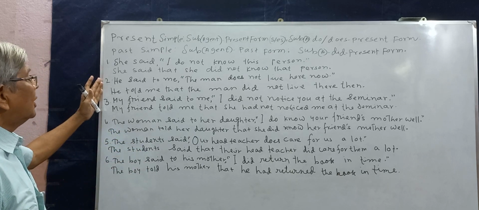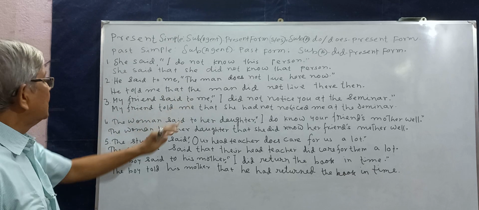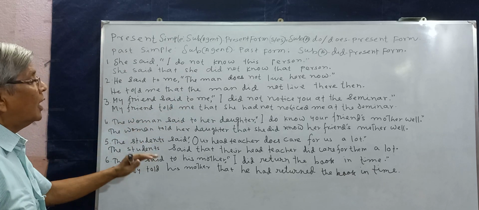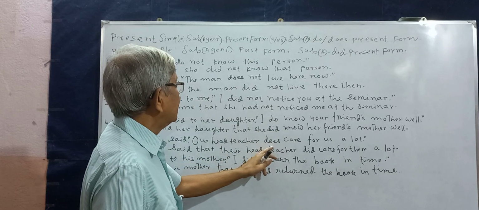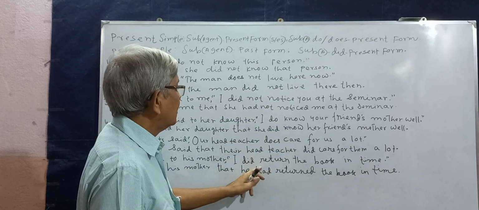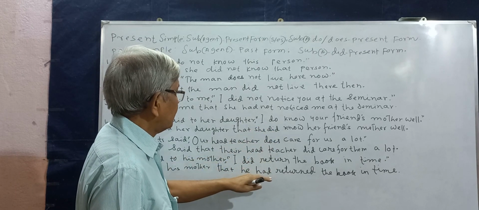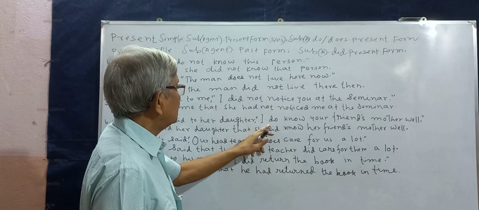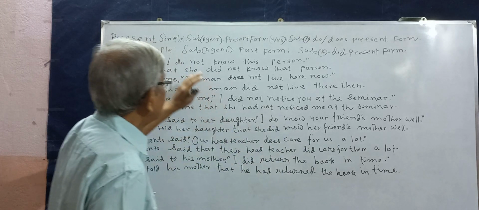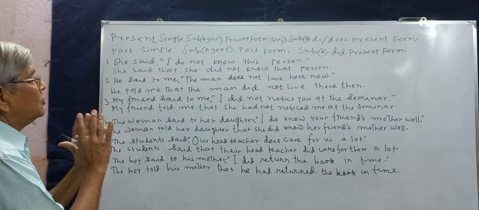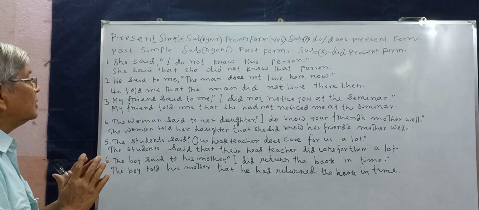The first three are negative statements, and the last three are positive statements with do, does, and did. In these three sentences, we have used do, does, did to lay emphasis on the principal verb, and in the first three, we have used do, does, and did to form negative statements.